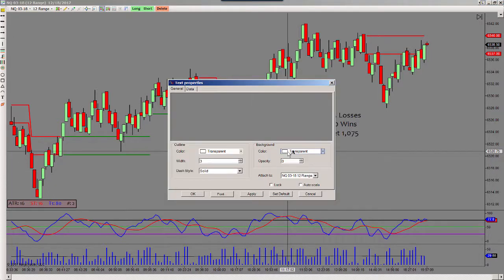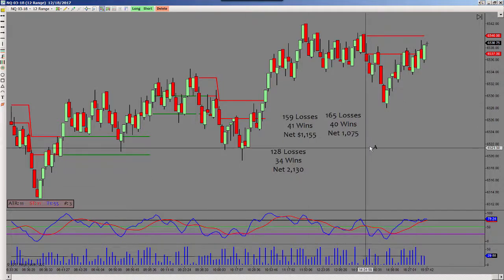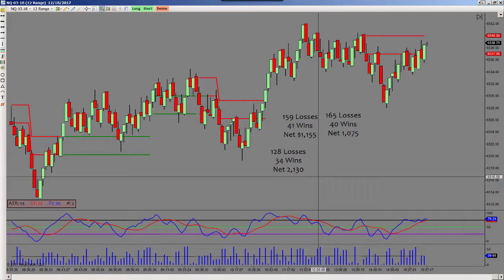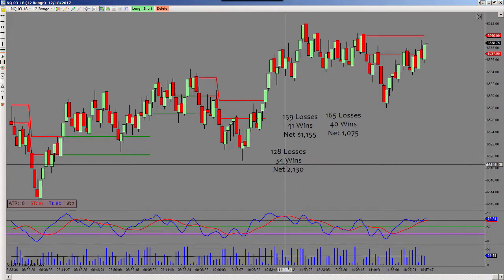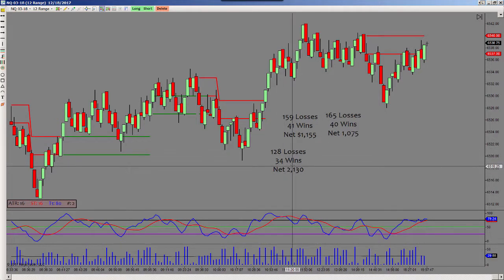So that data isn't that something? I increase my risk and I almost double my profit. So on this one I'm using a 14-tick stop and a 70-tick target.